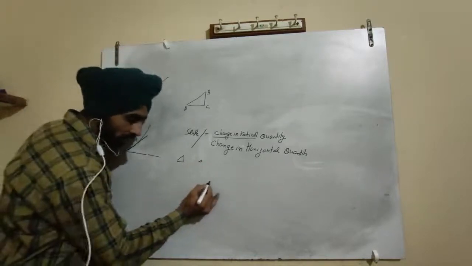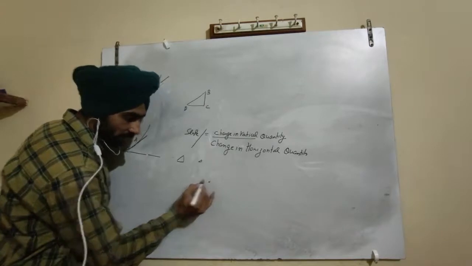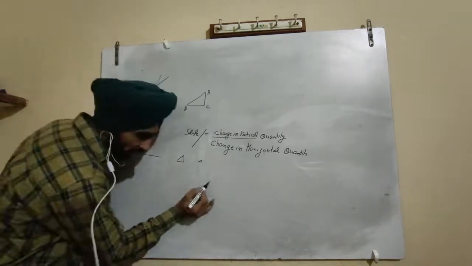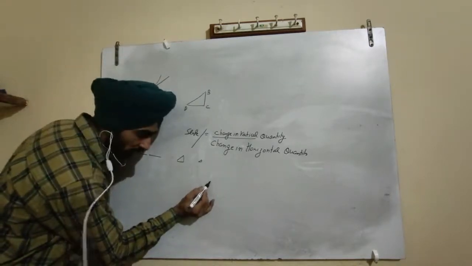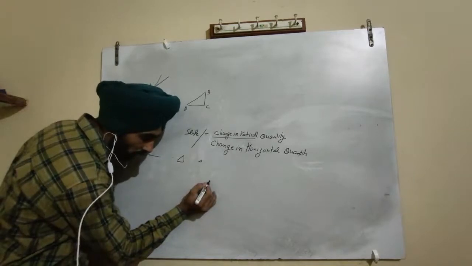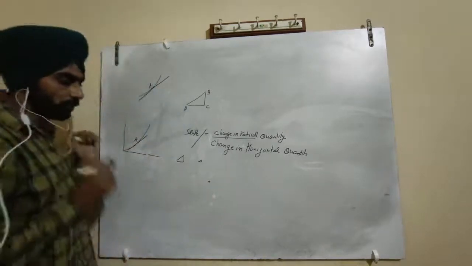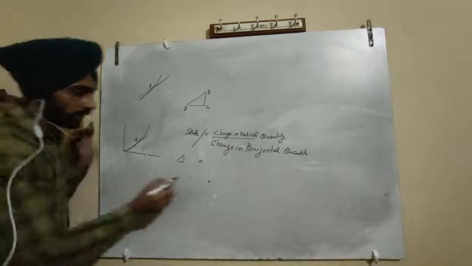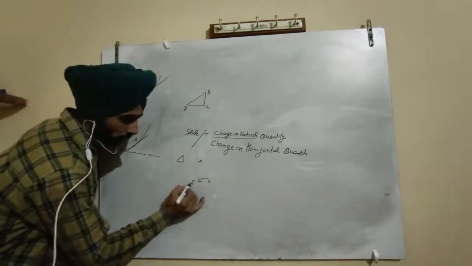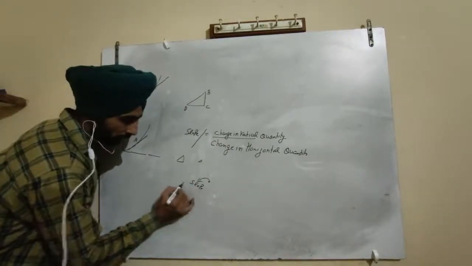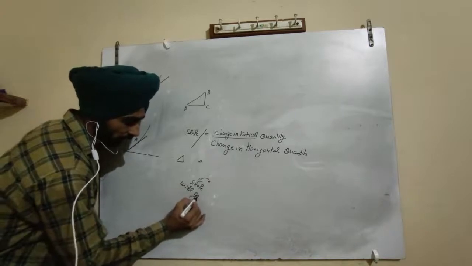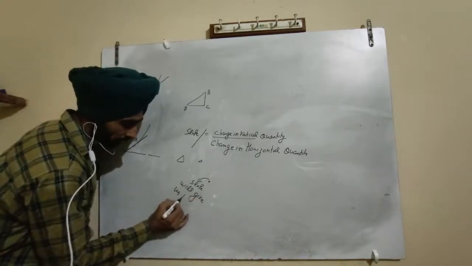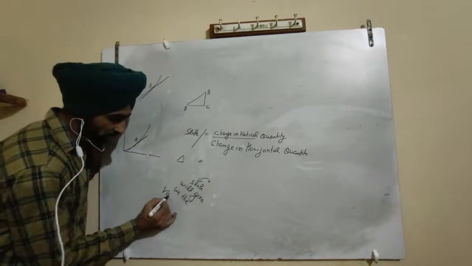That means when delta t turns to 0, this change in time will be very small and this change in displacement will be very small, and that slope will give us the value of instantaneous velocity.